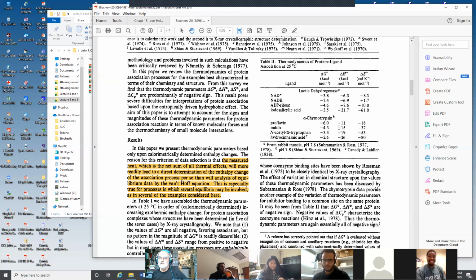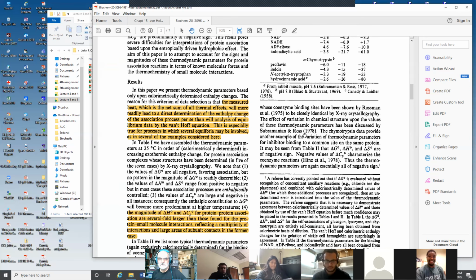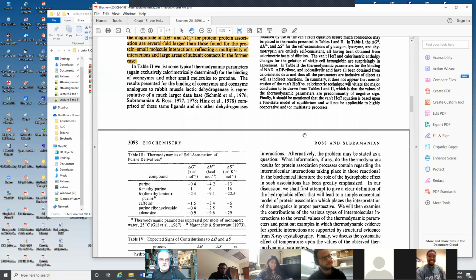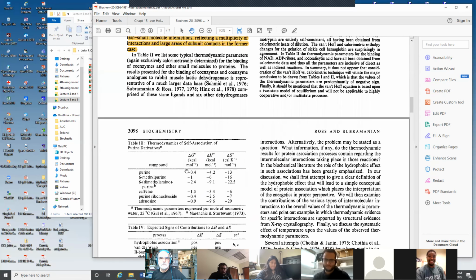Notice here that the enthalpies are all negative for these small molecules. The entropies are mostly negative for these small molecules. And so does that inform us in terms of how protein-protein interactions occur? Down below, they show us another table. These involve self-associations between purines.